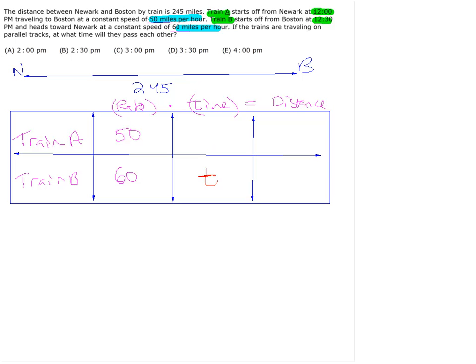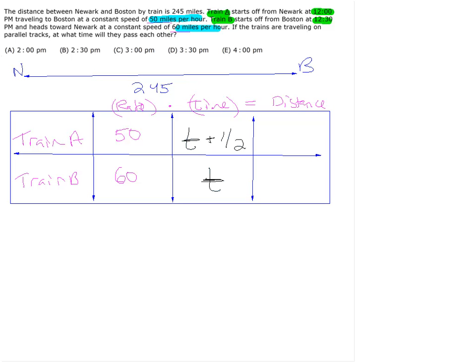So instead, we need to make sure that the time column is properly expressed in hours. So we'll let train B's time be t. He leaves at 12:30, and then train A's time is t plus 1/2, because 30 minutes is the same thing as 1/2 of an hour.